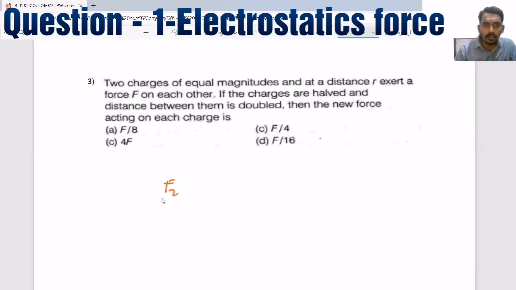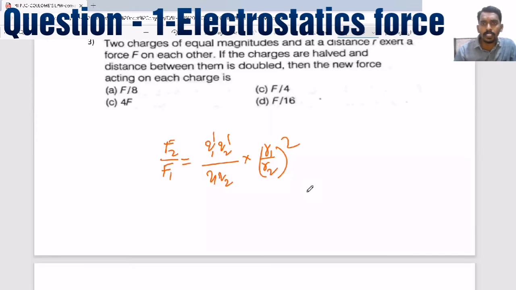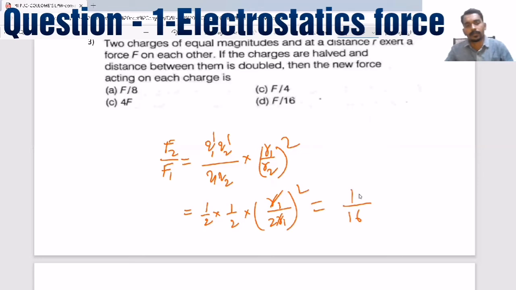As I said, the new force by initial force is Q1 dash Q2 dash by Q1 Q2 into R1 by R2 whole square. What they said is charges halved. That means Q1 dash is Q1 by 2, so it will become 1 by 2. Q2 dash also became half, but distance became double. So R2 became 2R1, whole square, so that gives 1 by 16.